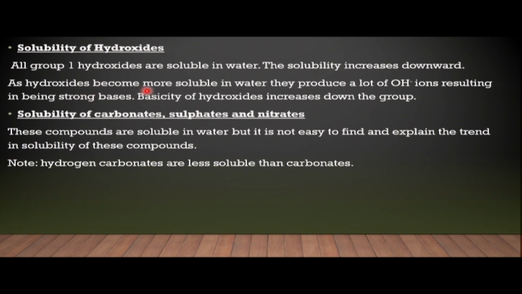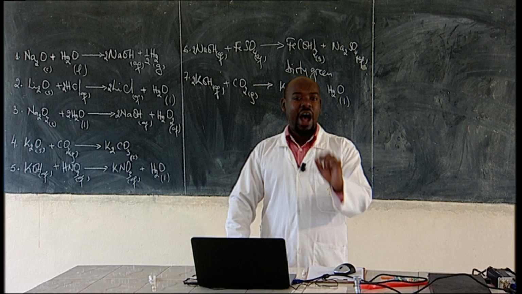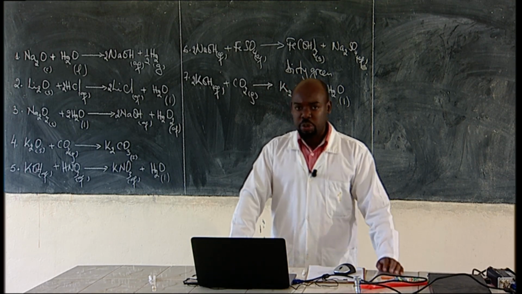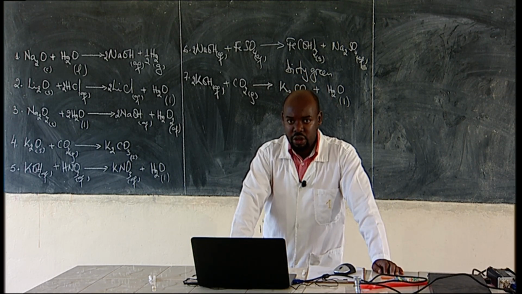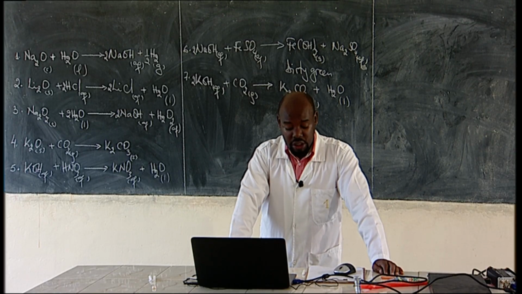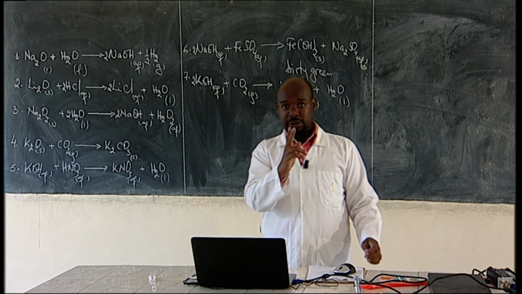As hydroxides become more soluble in water, they produce a lot of OH ions, resulting in being strong bases. This is about the basicity of these hydroxides, but let's go back before we go deep into the basicity of these substances and explain why the solubility increases as you move down the group. To explain solubility, we use two things.